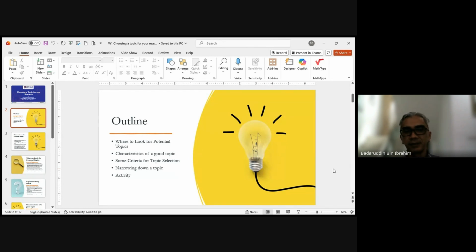So this is where you will reach the phase whereby you get confused, whether you want to study online learning or gamification.